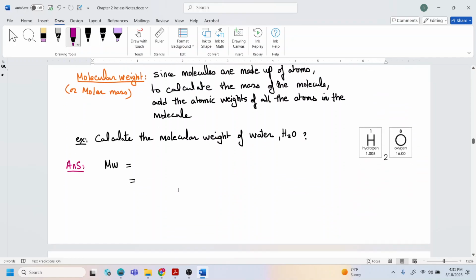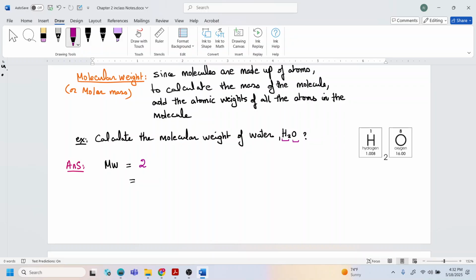So let's have an example. For example, water. We want to calculate the molecular weight of water. Water is made up of two hydrogens and an oxygen. So two hydrogen elements and an oxygen element in there, right? So we're going to say that we know that the atomic weight of hydrogen from the periodic table is 1. Let's build up the equation.